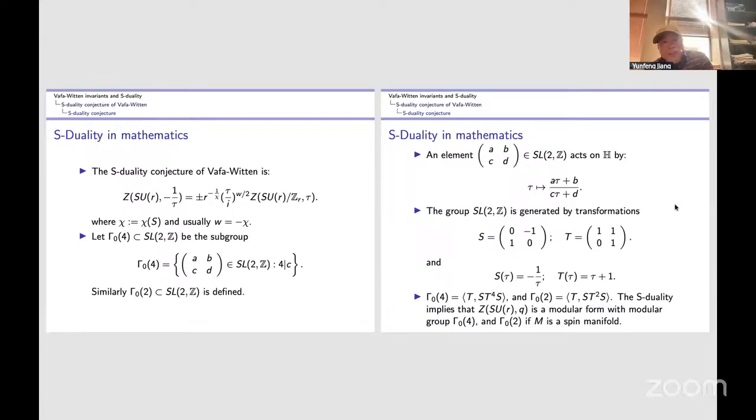So if you want to check or prove this S-duality conjecture in mathematics, we need to find a rigorous mathematical definition of what Z_SU(r) and Z_SU(r) mod Z_r are. What does that mean in a mathematical sense, and then prove this formula.